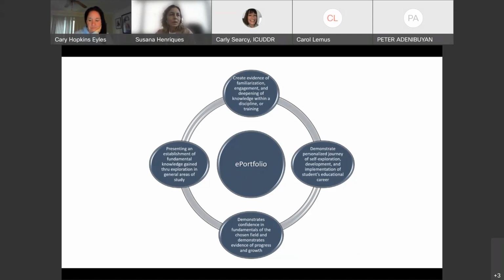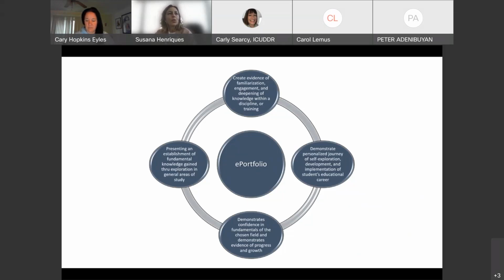With this portfolio, they can also capture other aspects of the student's life, such as volunteer experiences, employment history, extracurricular activities, reflections about progress, difficulties, and ways to overcome them, and so on.